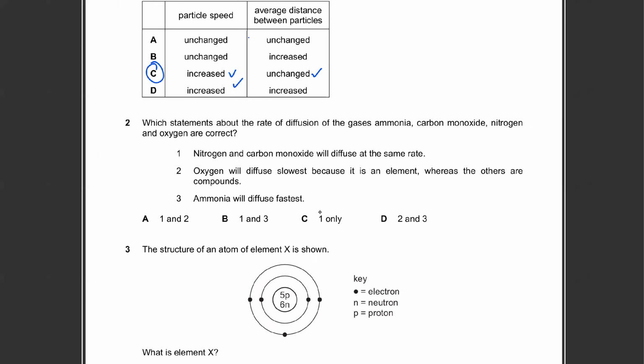And which statement about the rate of diffusion of the gases ammonia, carbon monoxide, nitrogen and oxygen is correct? They give you the Mr values. Carbon monoxide is 28, 12 plus 16, 28. O2 is 32.